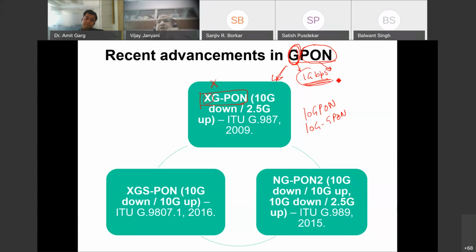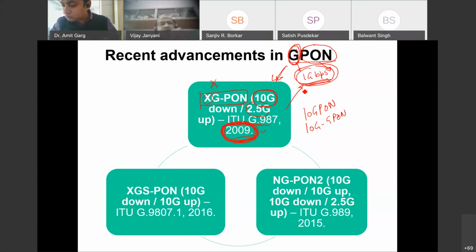Here your data bit rate was only 1 Gbps; here it has reached up to 10 Gbps down and 2.5 Gbps up. That is the ITU standard G.987, and this was rolled out in 2009. It doesn't mean that it has become 11 years old and is finished; it is still developing. This was the first time the standard was laid down for XGPON. In practical reality, we are still far from XGPON. We are still using GPON.